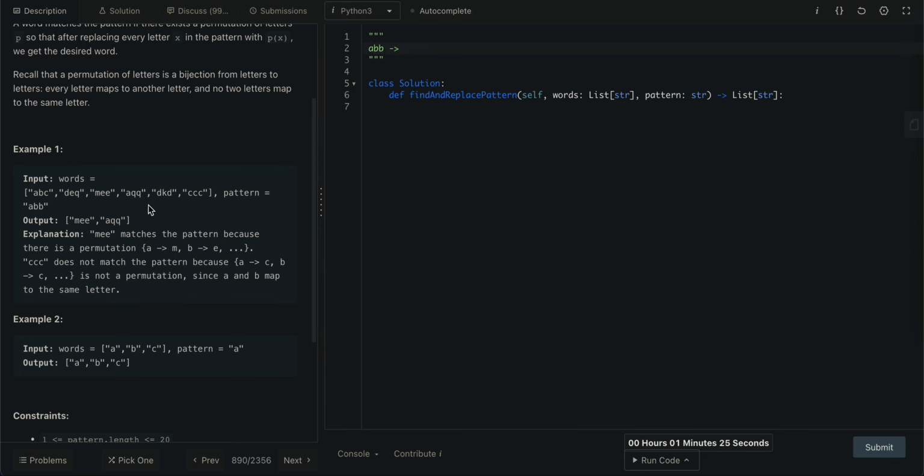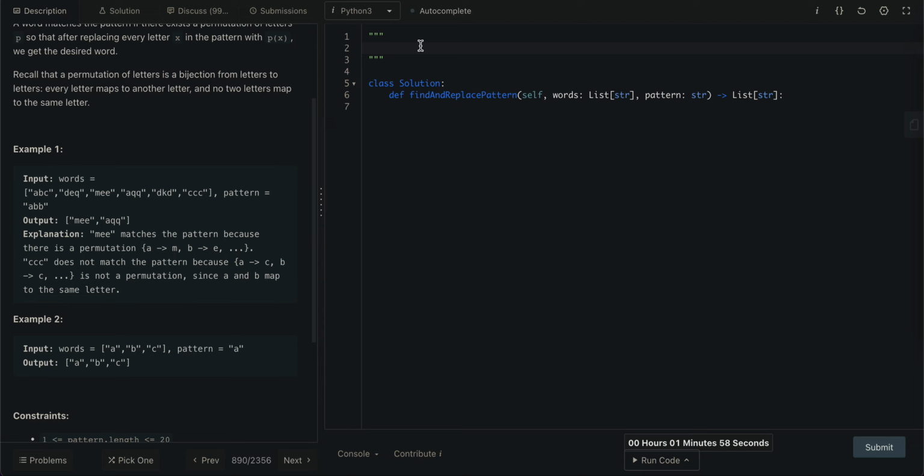The only thing is you cannot match the same letter for anything else. If you are matching A for A and B for B, then you cannot match A again for C. Keeping that in mind, there is a simple solution, and on that basis I'm going to write it.